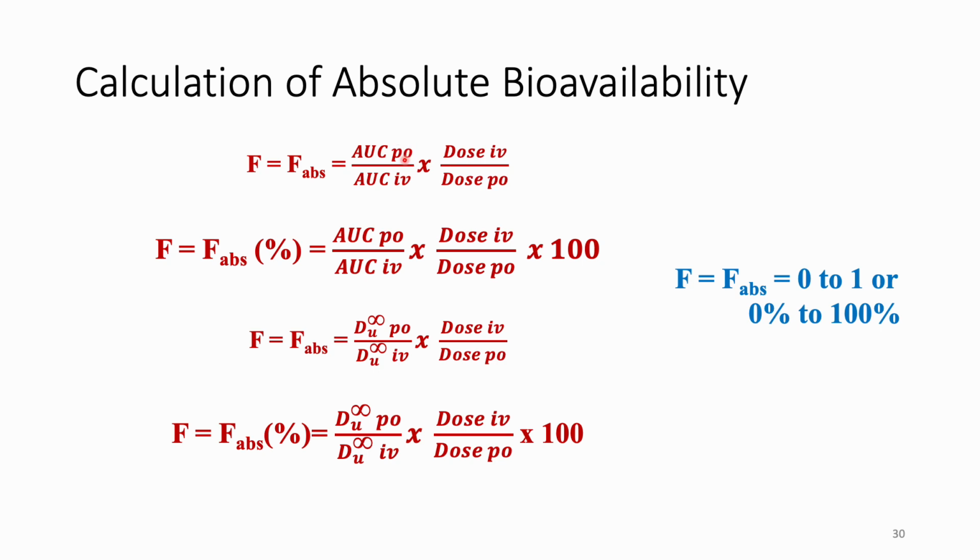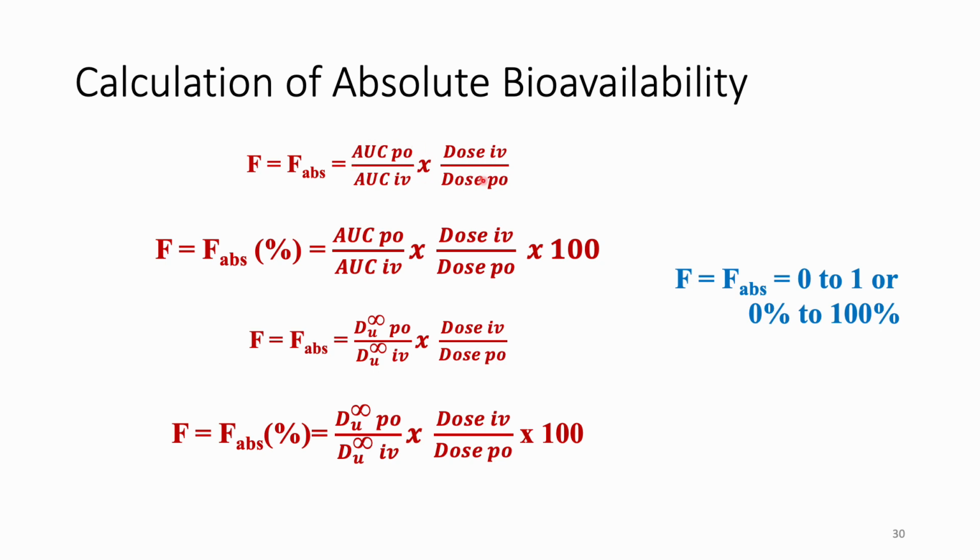For example, the AUC of the oral drug divided by the AUC of the IV drug, which means the drug is administered by IV injection. If the dose is different, then you need to multiply by the inverse dose, so the dose of IV drug divided by the dose of the oral drug.